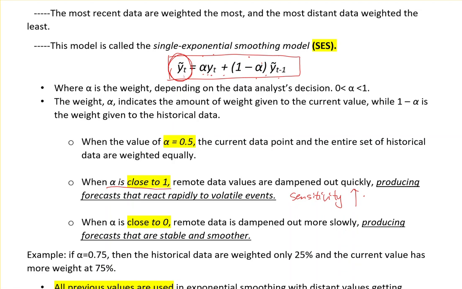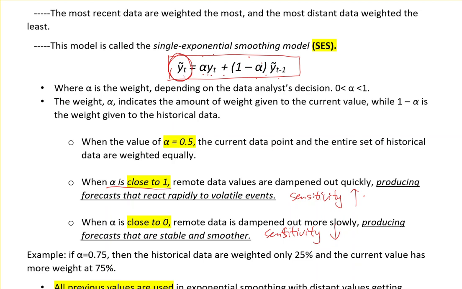So that means previous values will be a lot of values, right? Current value, just 1. That means the previous values have more contribution than the current value. That means it will produce forecasts that are stable and smoother, because our sensitivity will be decreased because it would depend on all previous values.